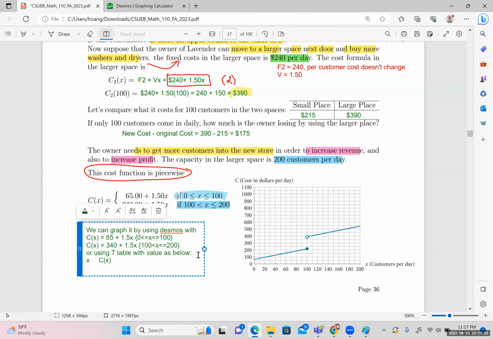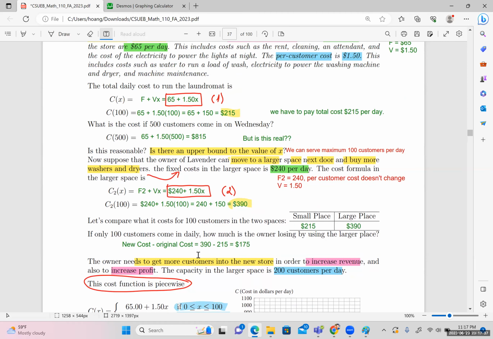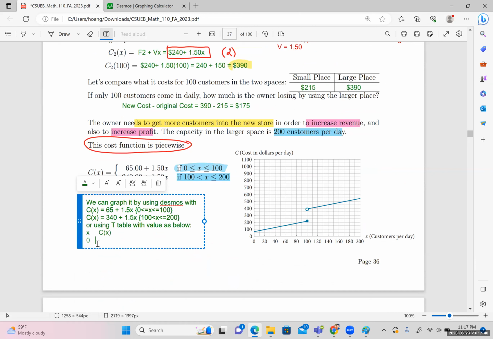For X, I will start with 0. I know the fixed cost for the first one is going to be $65. Then the maximum capacity, X is going to be 100, and it's going to be 200 something, 214, 215. So I'm going to put down 215.